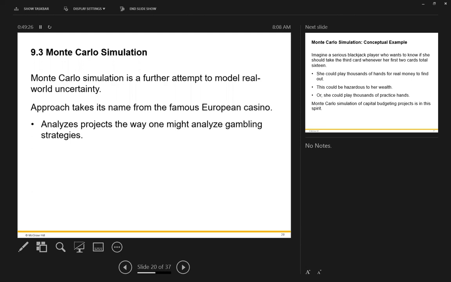So how do we get there? Well, the first thing we will do is determine our equivalent annual cost for the year for this project.